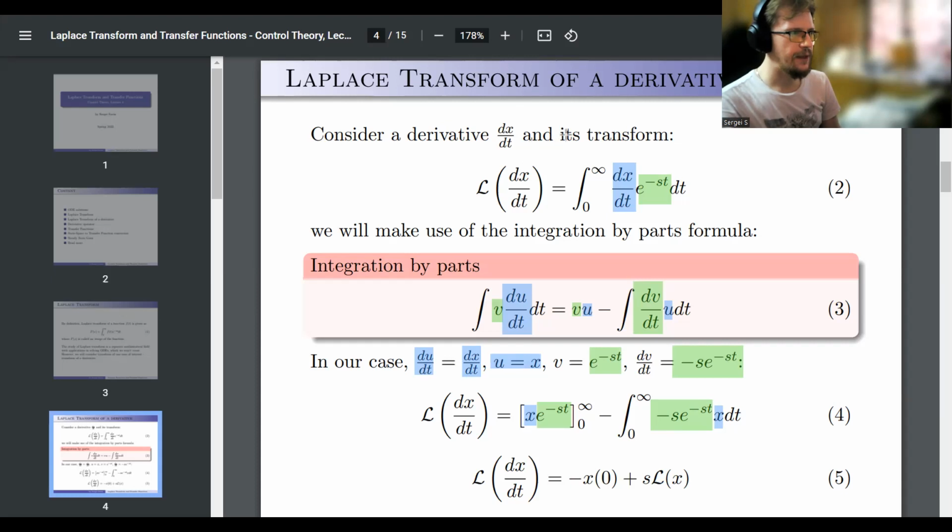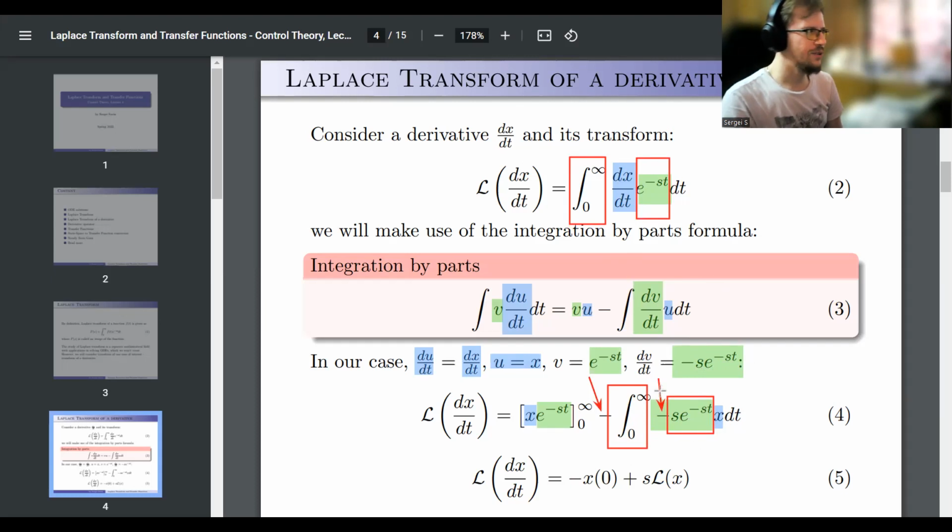Now, here is a key observation. This is our integration kernel. Here's our integral, and those minus signs will cancel.